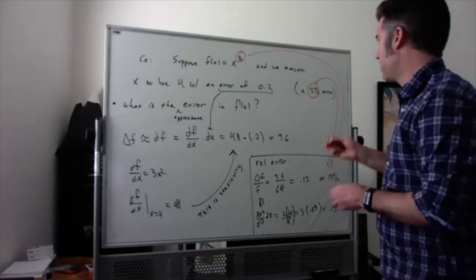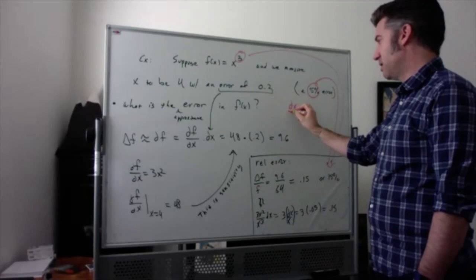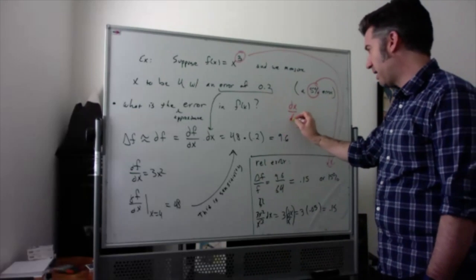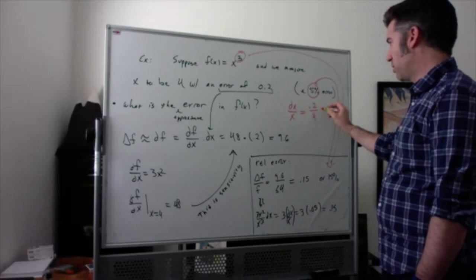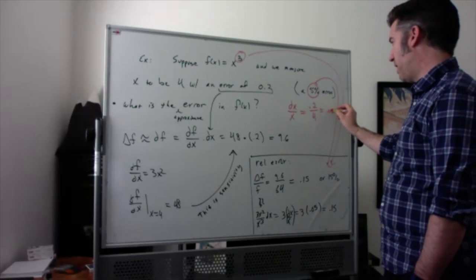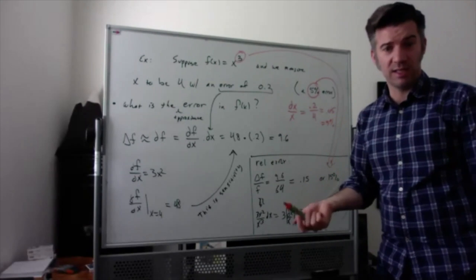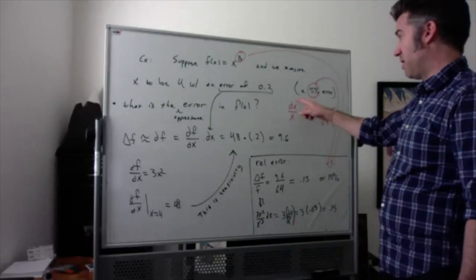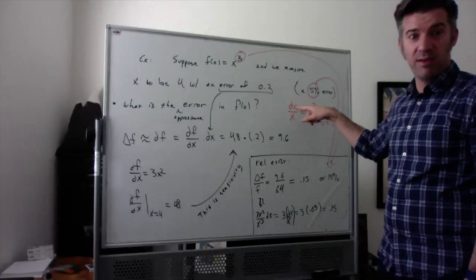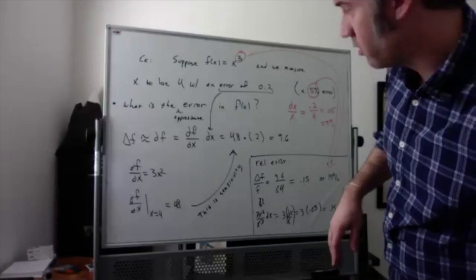Because the amount of error, dx, divided by the measurement, x, is 0.2 divided by 4, which is 0.05 or 5%. So you're talking about a percentage error or a relative error. The relative error of something is just the amount of error divided by the total value. That's going to come back to be important in a second.